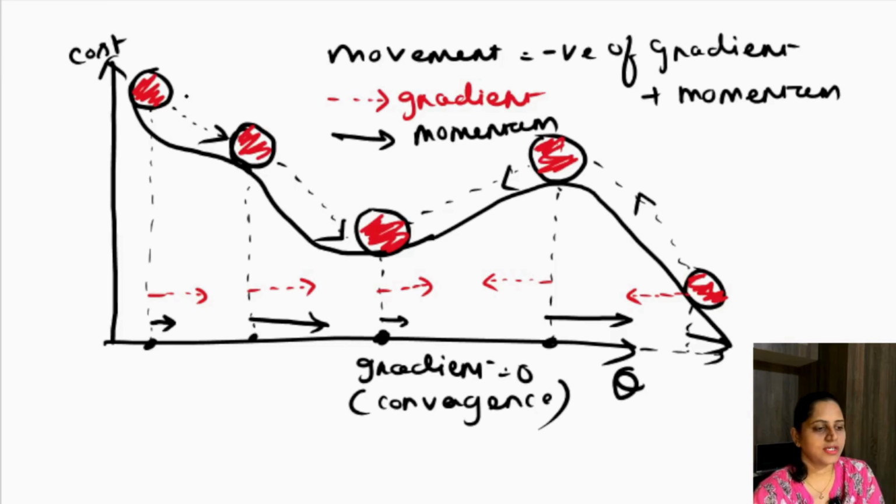So that is the journey from this to this. We all know that this is your gradient 0, and it will try to converge here. All the points will always try to reach the global minima, where the gradient is 0. So this is the difference, guys.